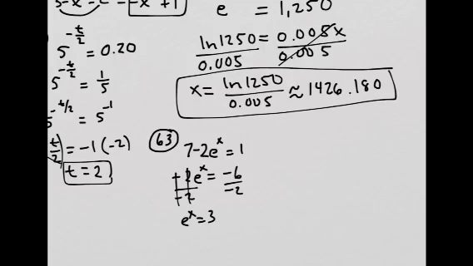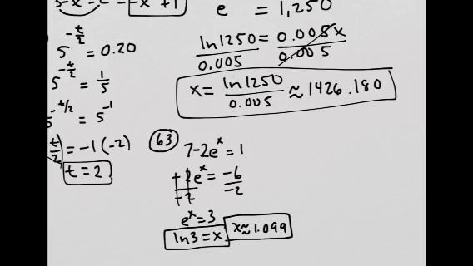And so now you're going to take the log of both sides, or I'm just going to change it to log form. So that's natural log of 3 equals x. This would be the exact value. On the calculator, it would be 1.099 if you round it off to the nearest 3 decimal places.